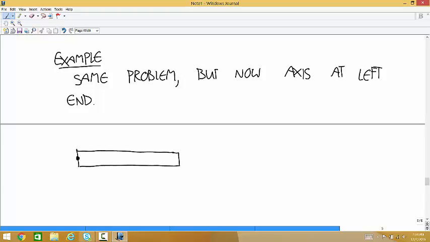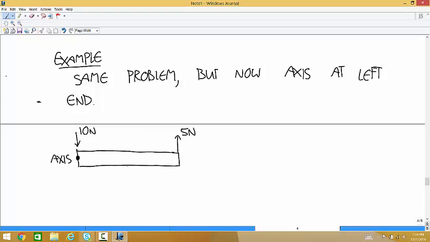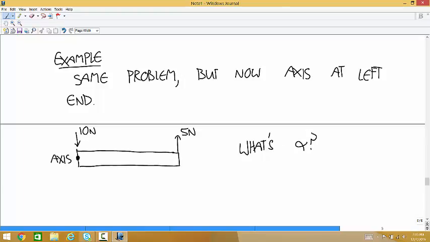So the axis is here. There's a force of 10 newtons applied there. Five newtons applied there, and then the weight is applied at the center. What's the angular acceleration here? Okay, so work together on that. Ask me questions if you get stuck.